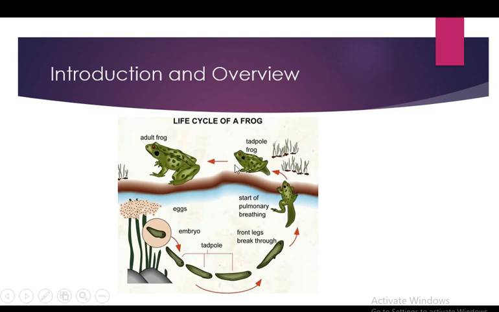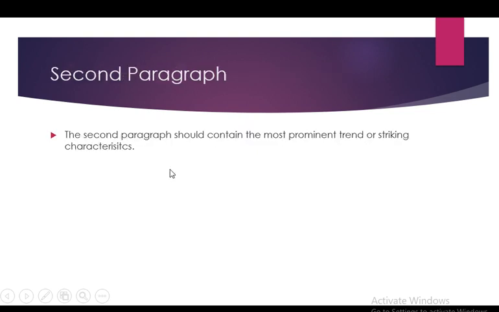So in this picture we have 3 main or prominent changes: the egg transforms into an embryo, the tadpole has legs and tails, and an adult frog is on the land. So the second paragraph is usually the most striking or most prominent characteristic of a graph.